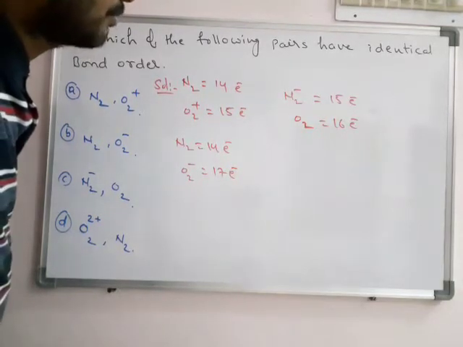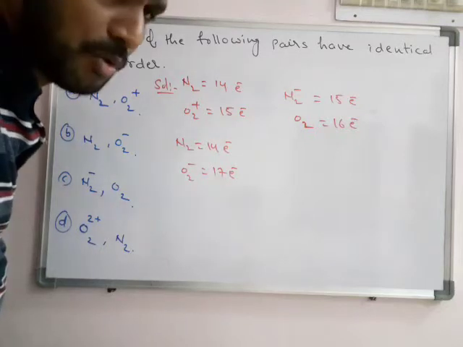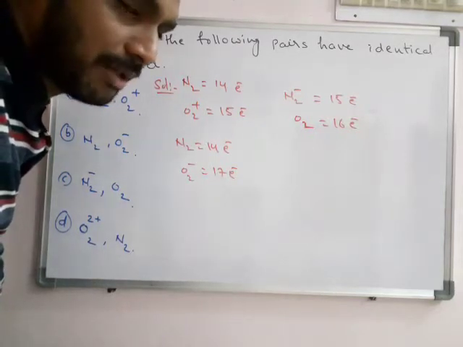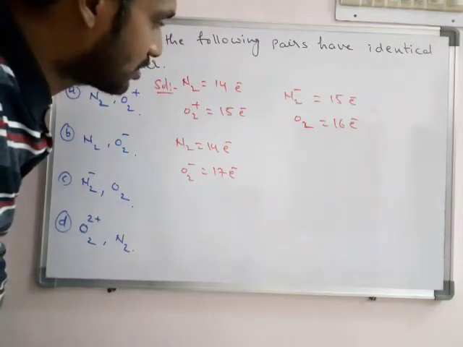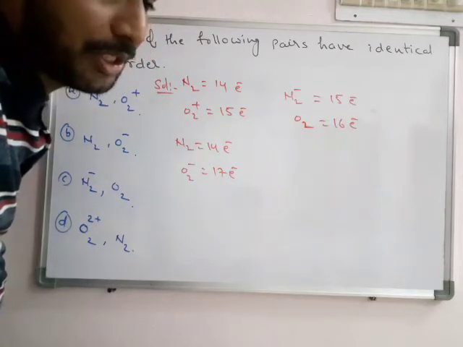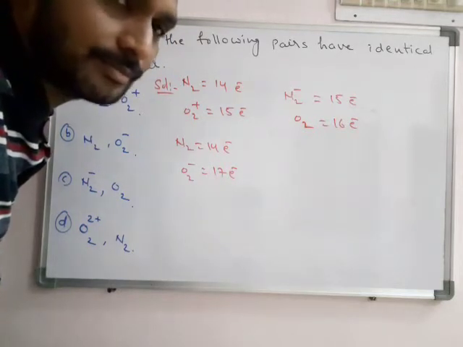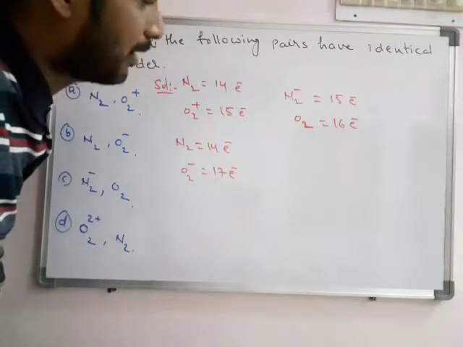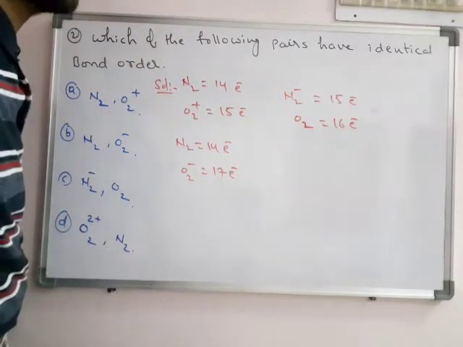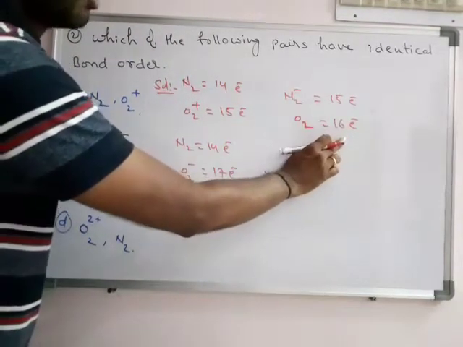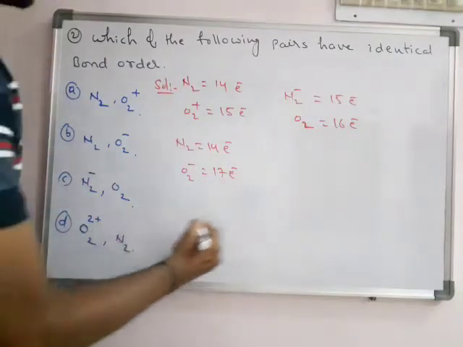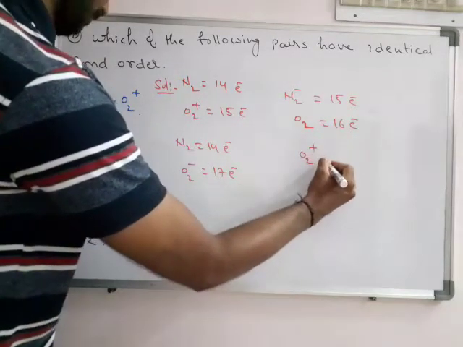Same electrons, same bond order, but the formula will change for 14 electrons and above 14 electrons. Means we need to check the configurations also, but both are more than 15 electrons, so it's not possible.